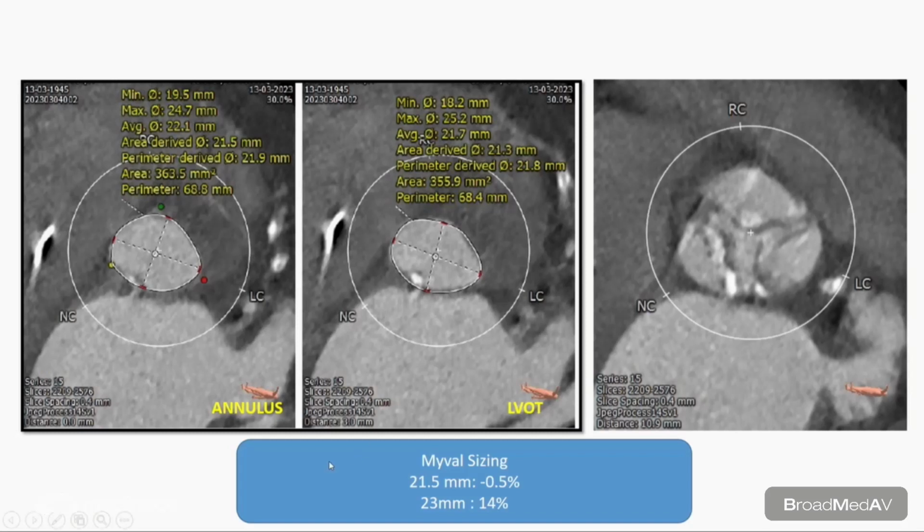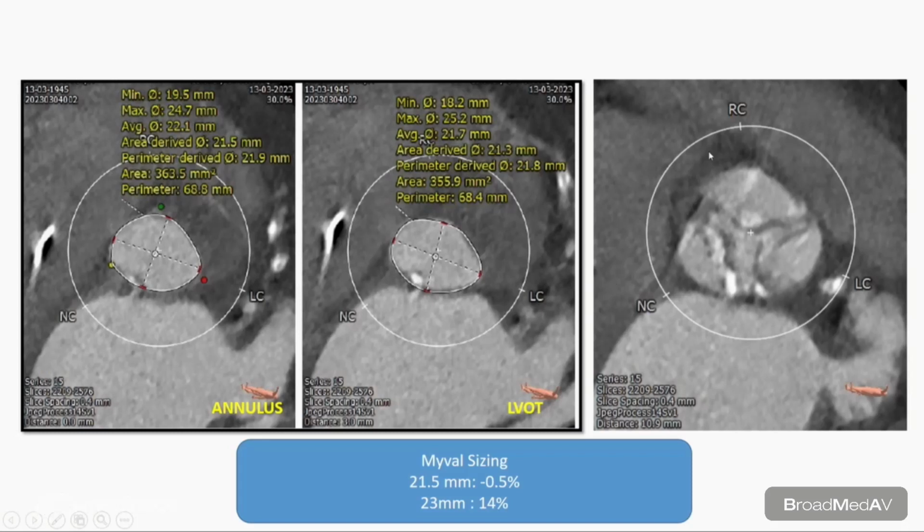And we can clearly see here there is a calcium spicule at the NCC side, which is actually even extending into the LVOT into the conduction system, which we are going to see in a double oblique view clearly. So this may be the reason for his CHB. This LVOT calcium on the NCC side is protruding into the conduction system.